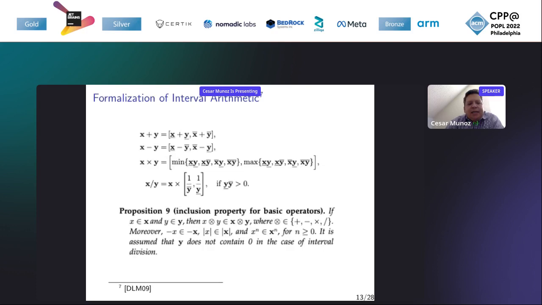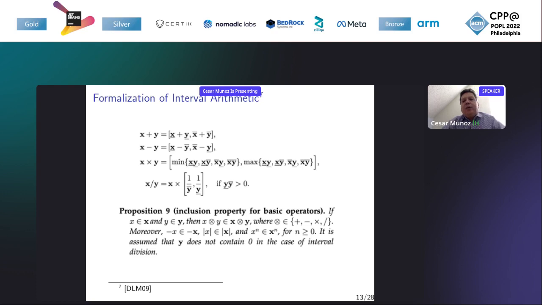So it was a good approach, but it was very manual. We decided then to do that in a more mechanical way, and we started with a formalization of interval arithmetic. So these are the standard definitions of interval arithmetic, and for this interval arithmetic we have the proof of the inclusion property.